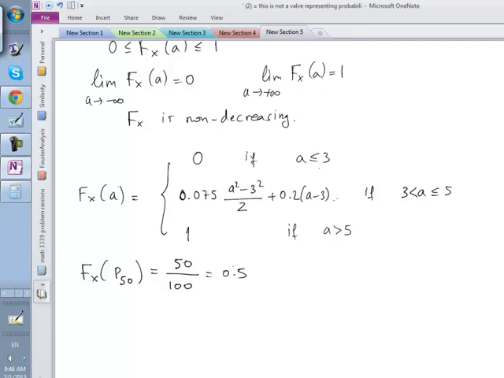Obviously, this number cannot be less than 3. It cannot be greater than 5, because once you have a value greater than 5, then the value of the CDF is equal to 1. So it has to be between 3 and 5. So we'll pick the solution from the mid branch, from this branch here.